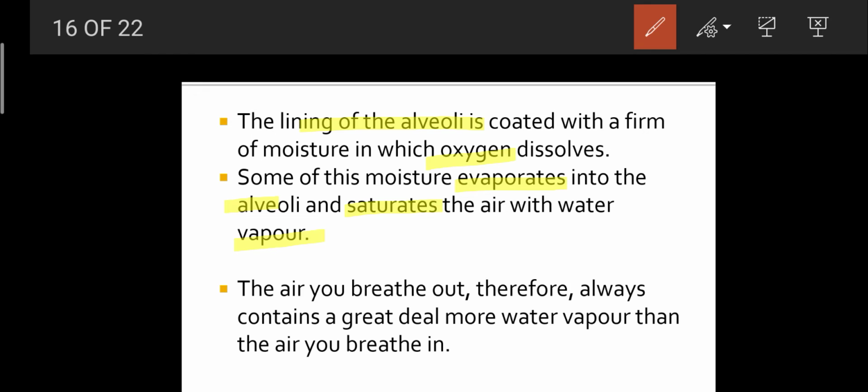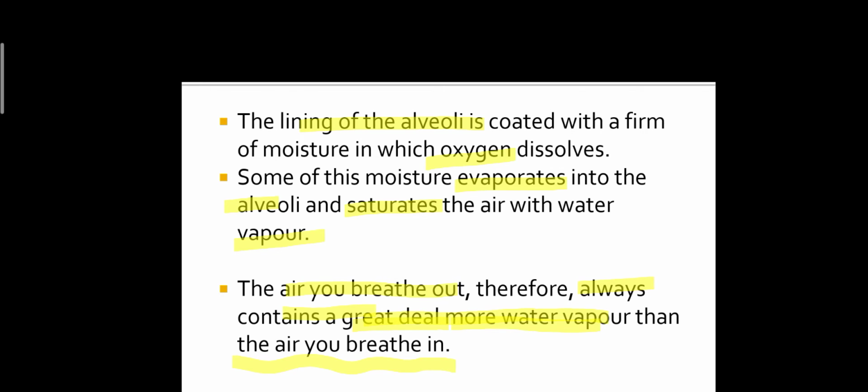So the air we breathe out always contains a great deal more water vapors than the air we breathe in.